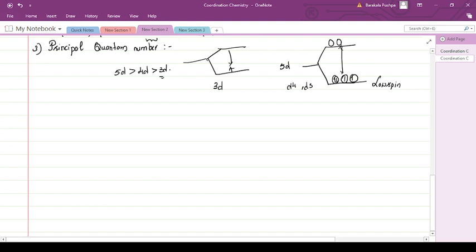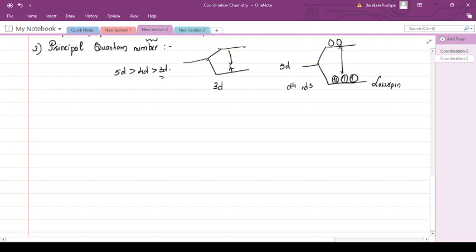So the fourth electron does not have sufficient energy to enter the eg level, and the electrons pair up in the t2g level. That is the reason why mostly all the 5d complexes are low spin complexes.